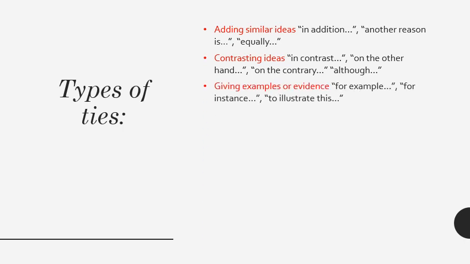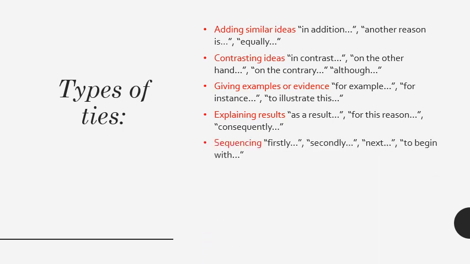You can give examples or evidence by using, for example, for instance, to illustrate this. You can explain results using as a result, for this reason, consequently, and so on. Of course, sequence: firstly, secondly, next, to begin with, and so on.